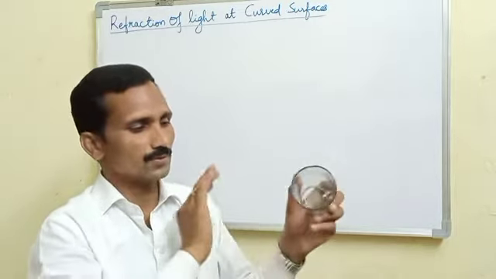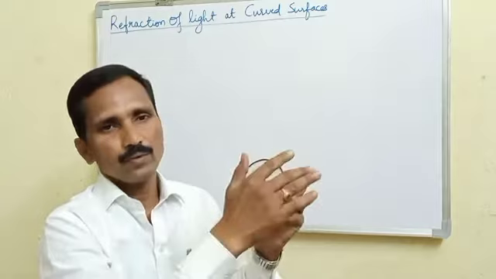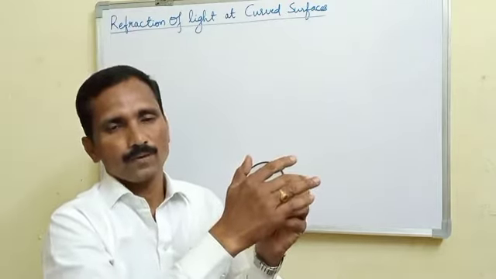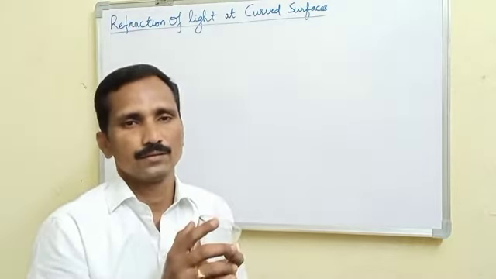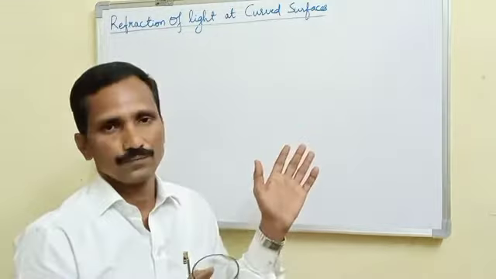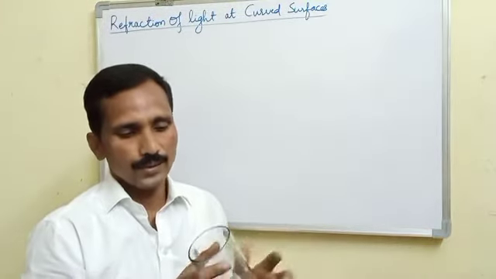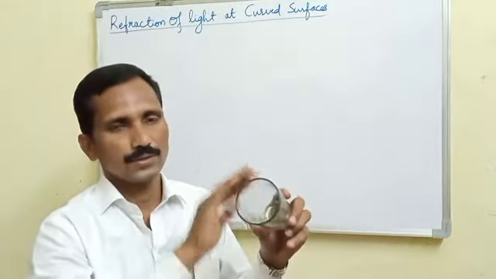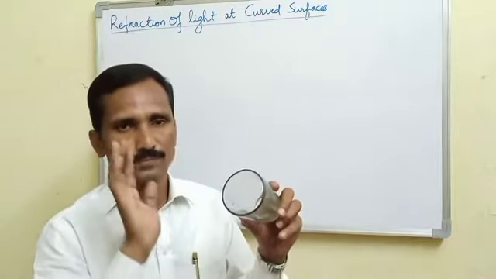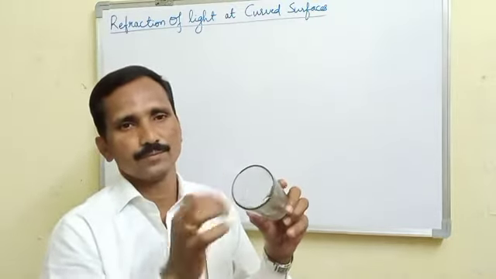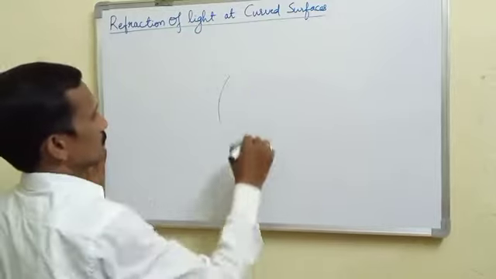So here there are two mediums, air and water. What happens to the light ray? Let us observe this phenomenon by ray diagrams at convex and concave surfaces, rarer medium to denser medium, and denser medium to rarer medium.